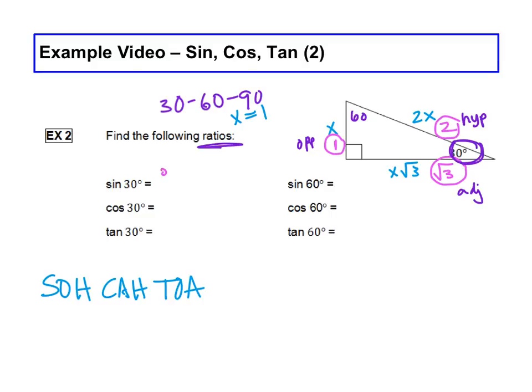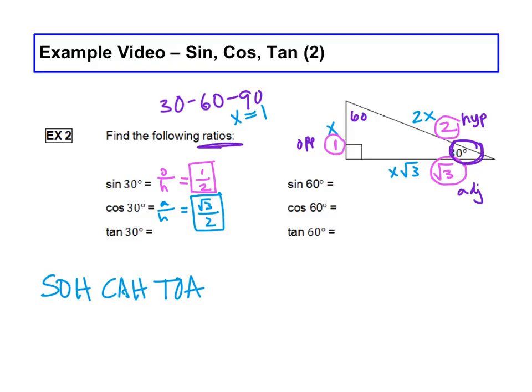All right, sine, cosine, tangent. Sine is opposite over hypotenuse. The opposite side is 1, and our hypotenuse is 2, so 1 over 2. Cosine is adjacent over hypotenuse. Our adjacent side is the square root of 3, and our hypotenuse is 2, so that is that answer.